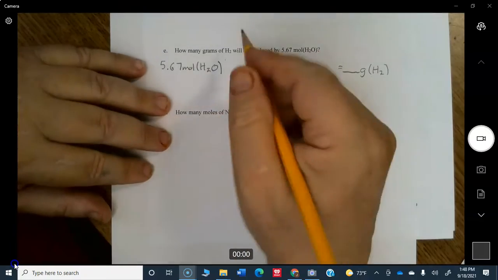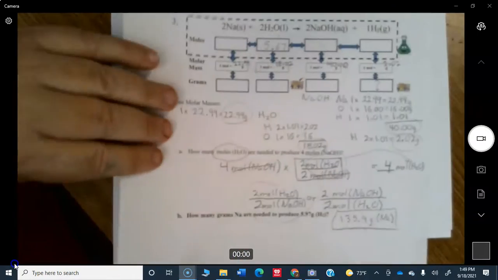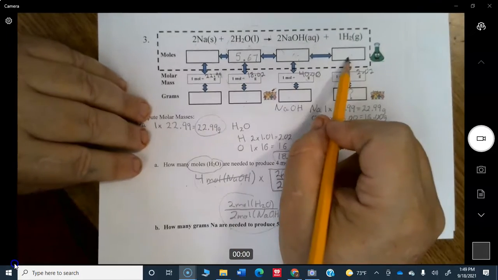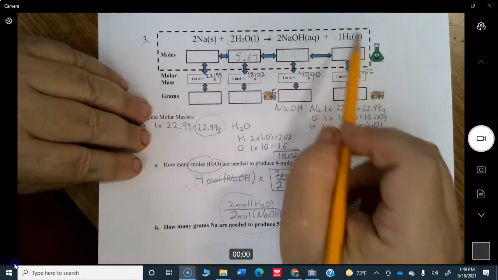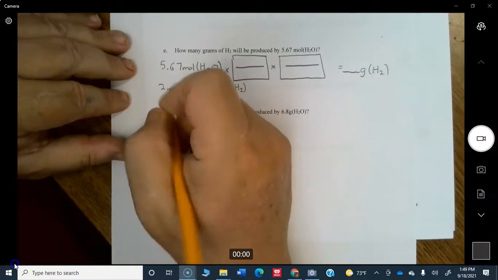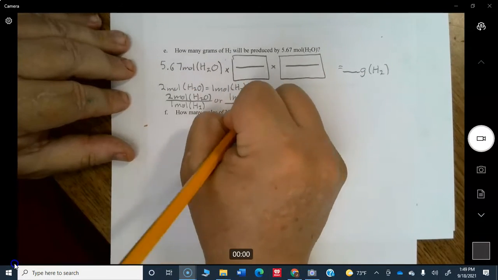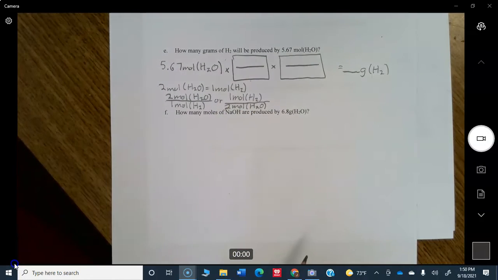All right, so we're going to draw 2 boxes. Okay, so our first conversion is to get from moles of H2O to moles of H2. So there's the relationship, 2 H2O for every 1 H2. Okay, there are your 2 conversion factors. Which one goes in the first box?